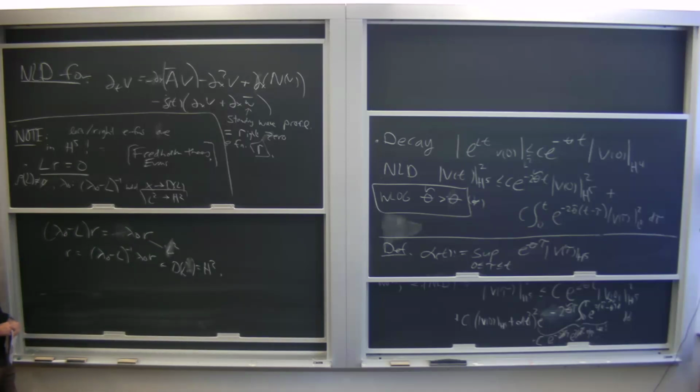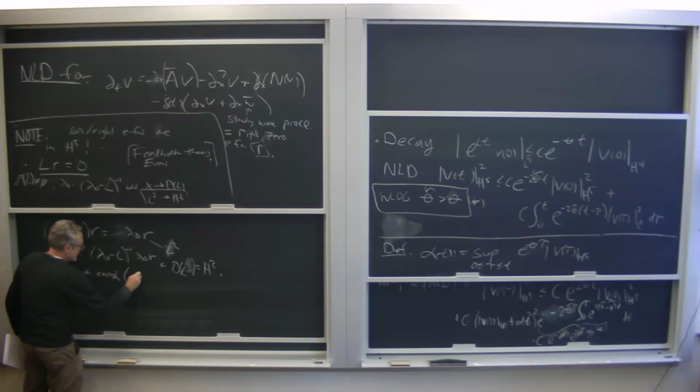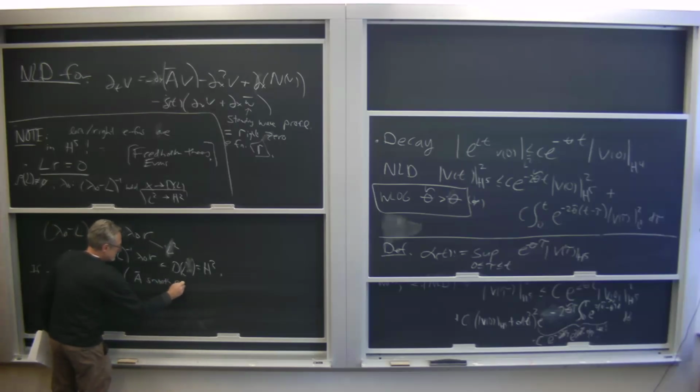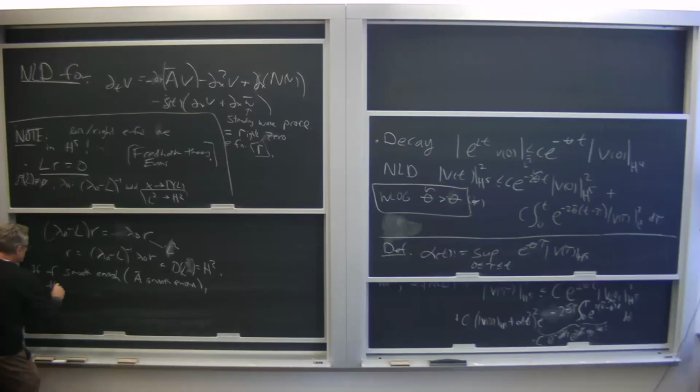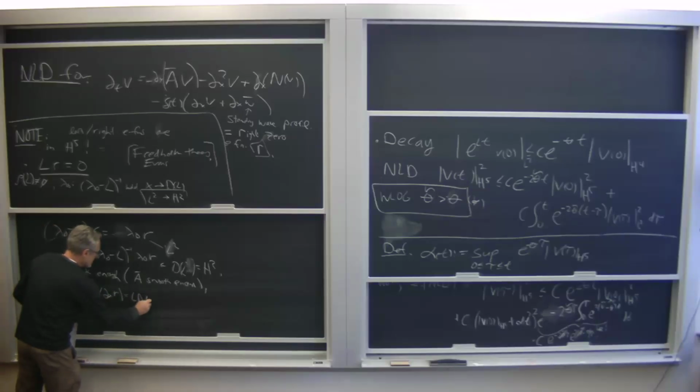Well, here I actually need, if F is smooth enough, which is the same as saying A bar is smooth enough. We're at the linear level here. Then I can differentiate the equation. So I get L dx of R is not zero, but lower derivative terms.